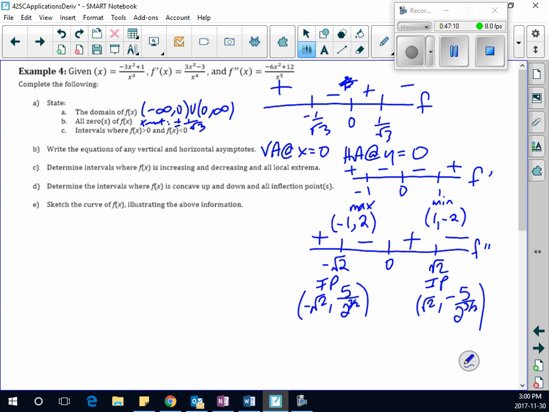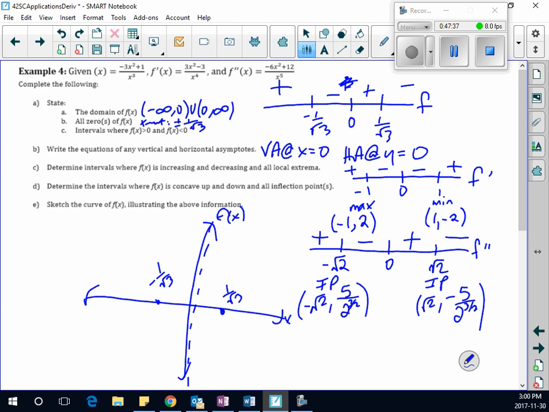Whew. Okay, let's put it all together and we're done. Okay, so we have an asymptote at 0. We have x-intercepts at 1 over root 3, negative 1 over root 3.